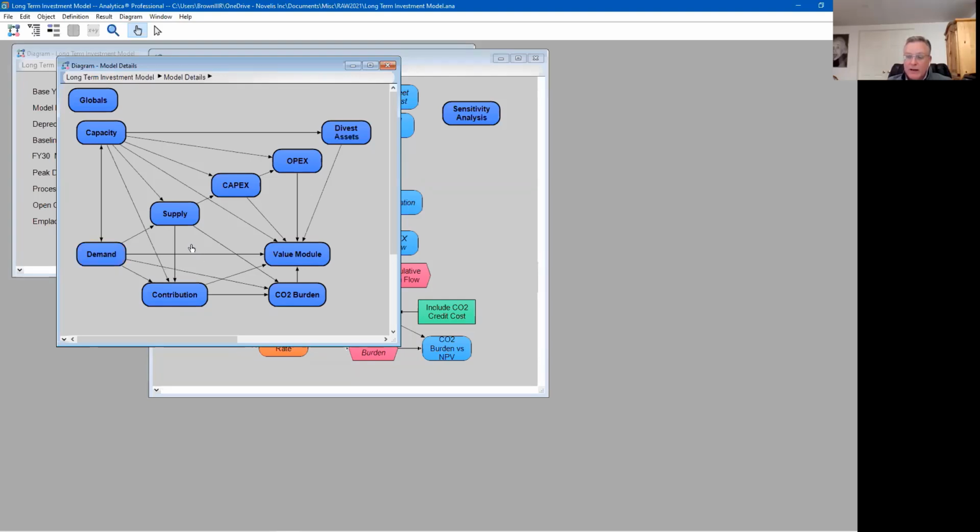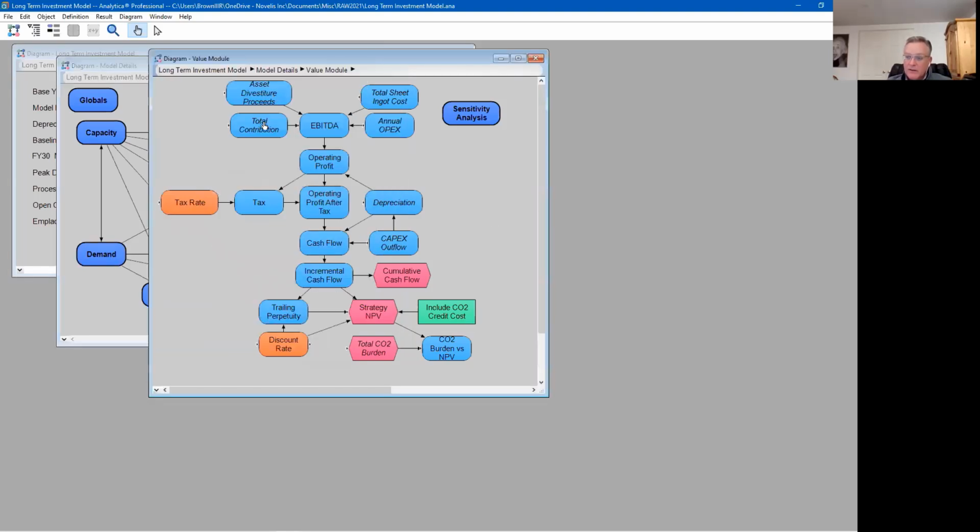So one thing I will point out would be that in the value module, all of this ultimately gets me to this sheet where I have a P&L. This P&L, of course, works its way down to finally incremental cash flow against our baseline strategy. And ultimately from that, as a typical calculation for every strategy that we would be considering, I can calculate a strategy net present value.